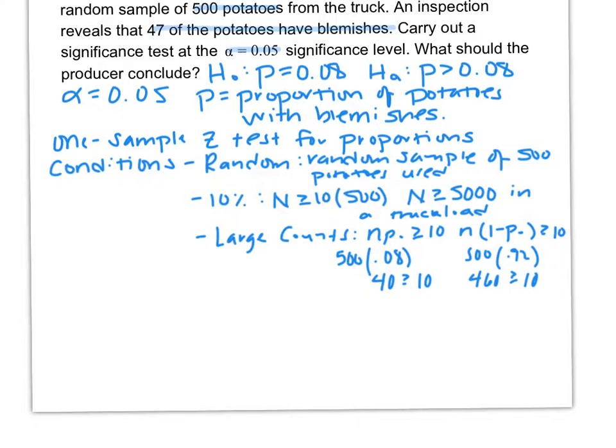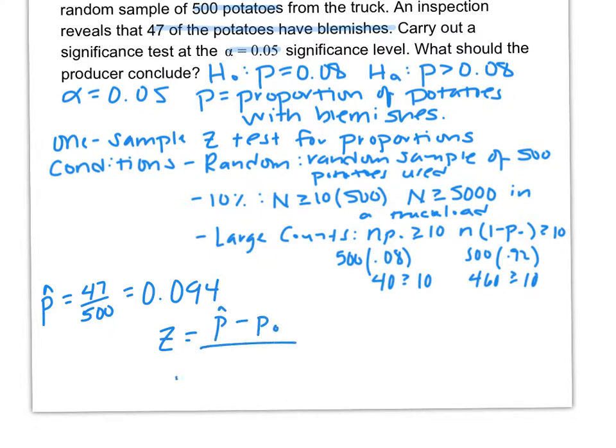And so first thing I'm going to do is I'm going to calculate my p hat, just to give myself a little bit of an easier time. So this is 47 out of 500. And this gives me 0.094. Okay, so my z statistic is going to be p hat minus p sub 0 over the square root of p sub 0, 1 minus p sub 0, over n.